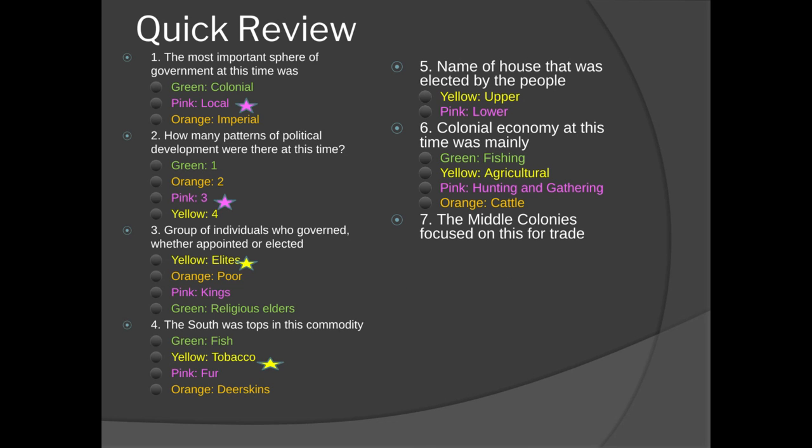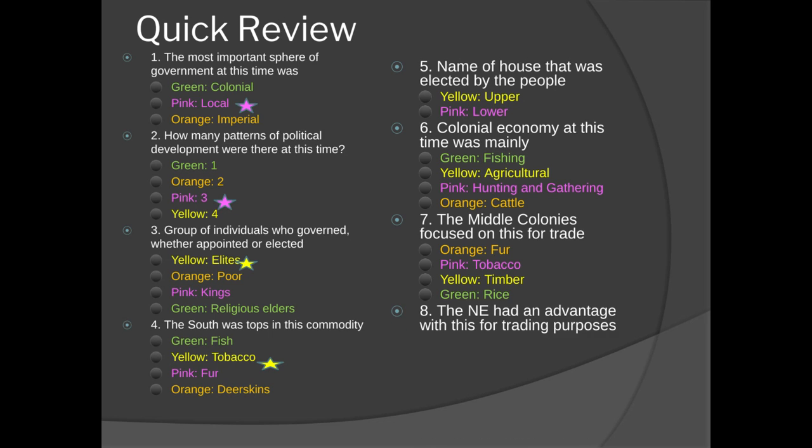The middle colonies focused on this for trade: fur, tobacco, timber, or rice. New England had an advantage with this for trading purposes: flour, tobacco, fish, or cattle.